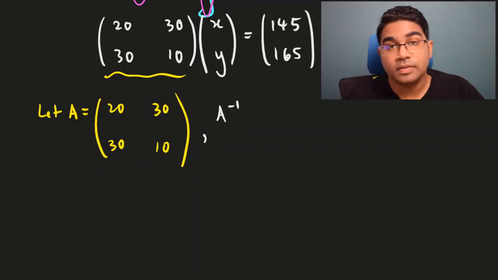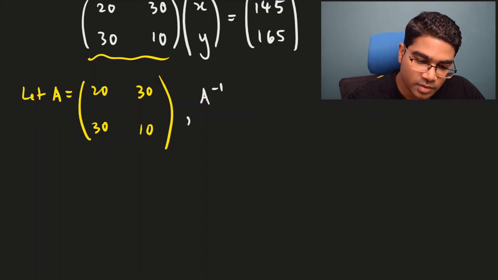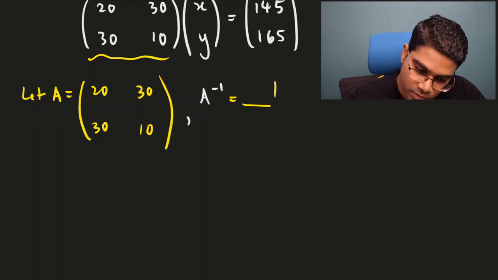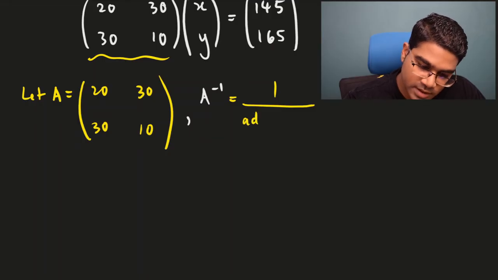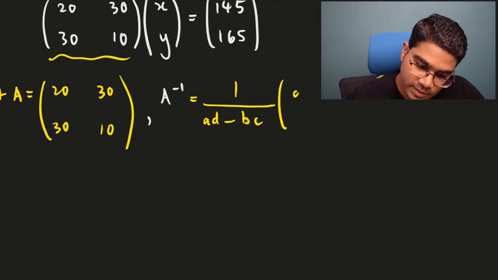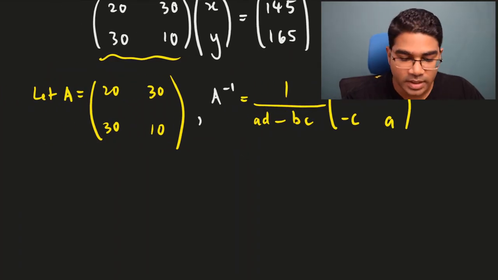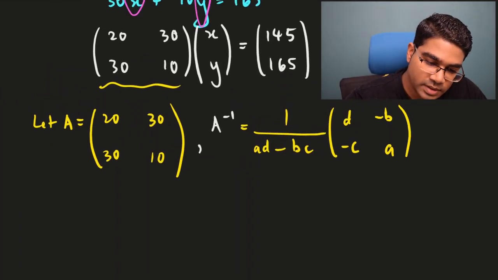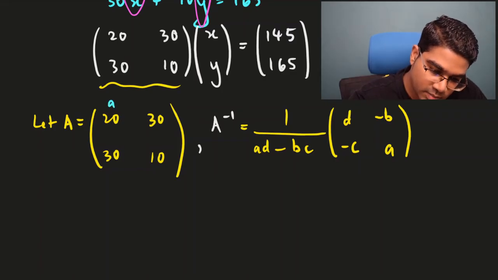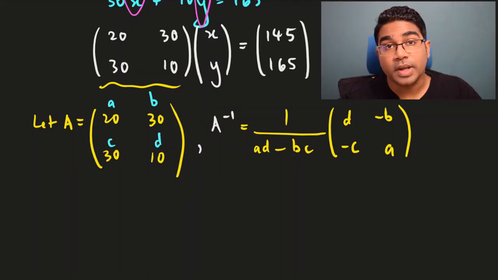So A inverse, first let's go through the formula. The formula for inverse matrix will be equals to 1 over AD minus BC multiplied into D, minus B, minus C, A. Let's apply the formula here. Now, you have to note that the original position, this is A, B, C and D. This is the original position when you apply the formula.